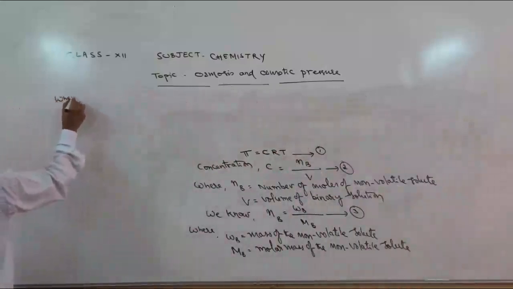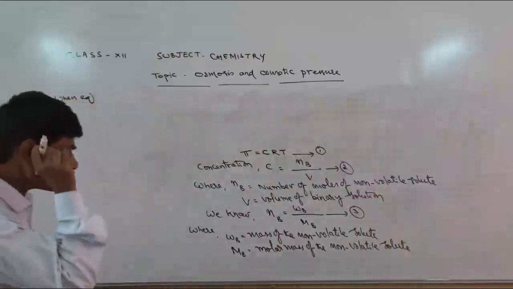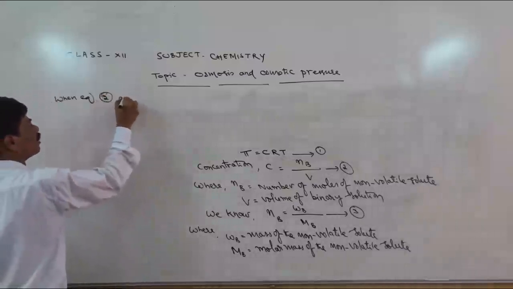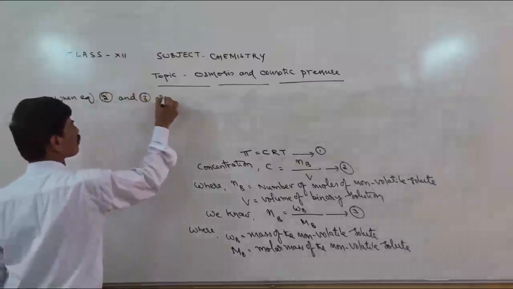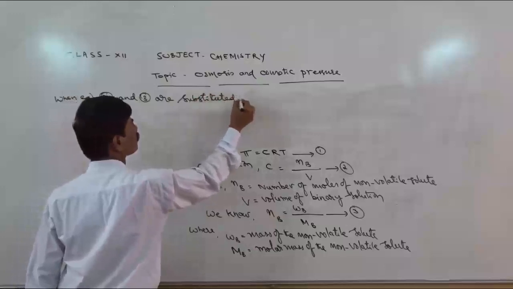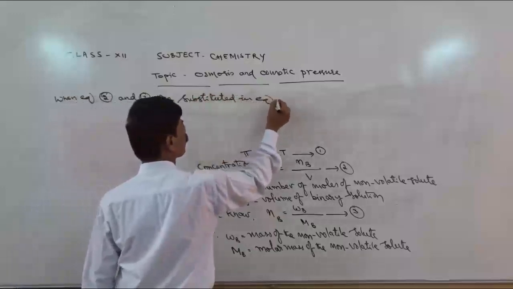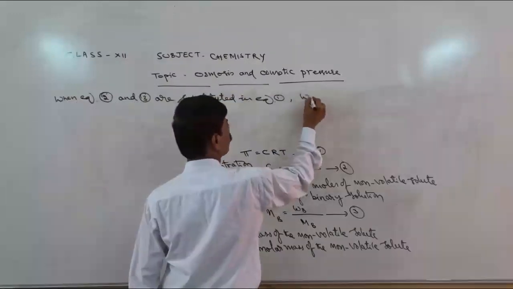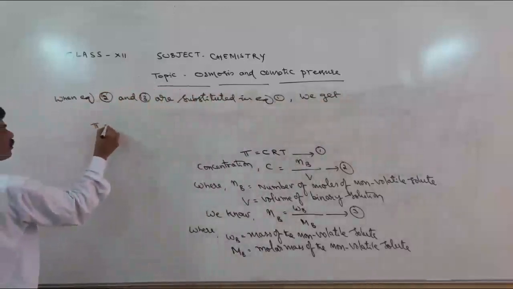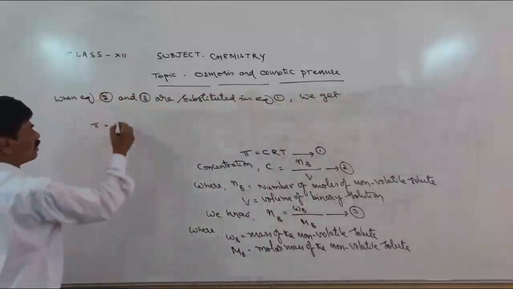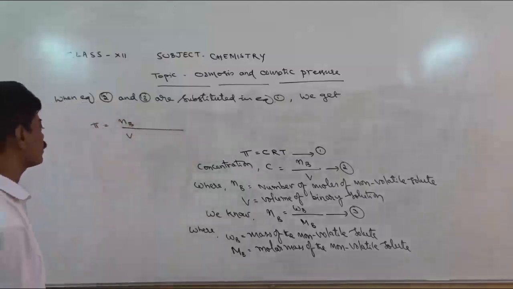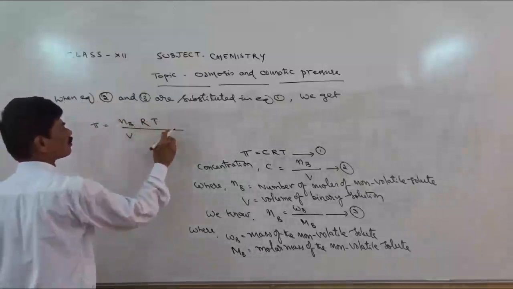When equation 3 and 2 are substituted in equation number 1 we get pi is equal to, now instead of C I write NB by V, into R T, right?